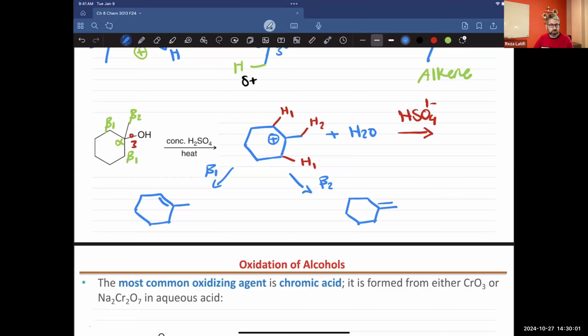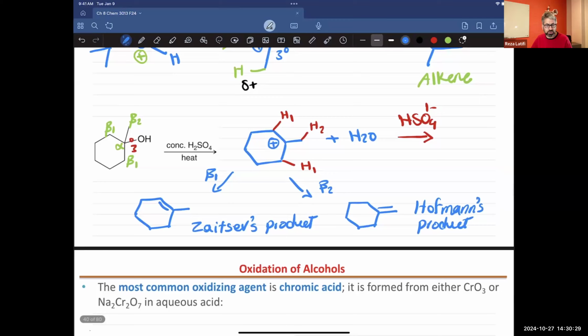And remember, the one with more substituents will be more stable, and that's going to be the Zaitsev product. And this one will be the Hofmann product.